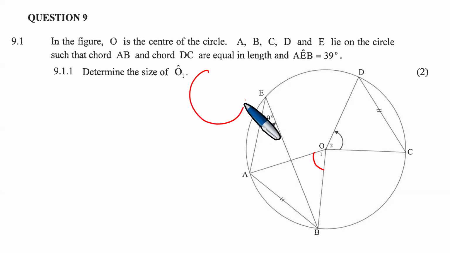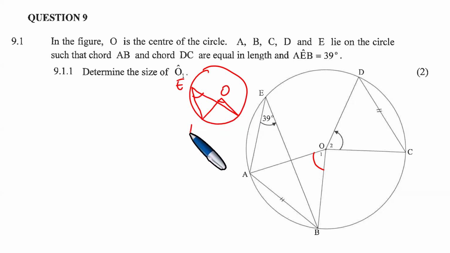Okay, there's a theorem like this. If you have an angle that sits here, and then this angle here equals that angle there. This is O, and this is E, and this is A, and this is B. We say that angle AOB, which is called an angle at center, must always be equal to 2 times angle AEB.